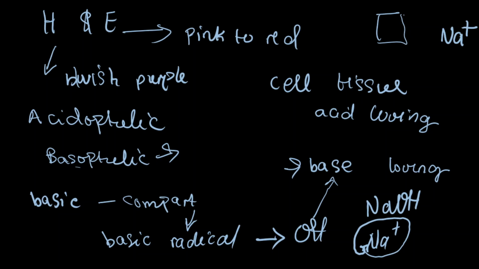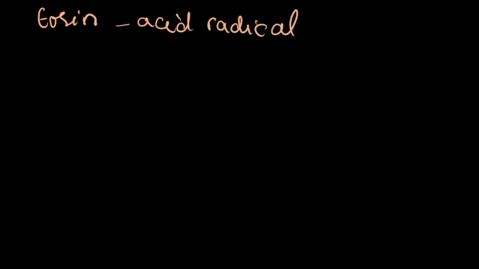It means that for sodium ion to be attracted to another component, that component would definitely be negatively charged. Taking a look at eosin, eosin has its color imparting component as an acid radical. Now, taking a typical acid, for example HCl, the acid radical for this acid would be chloride ion, which is negatively charged.